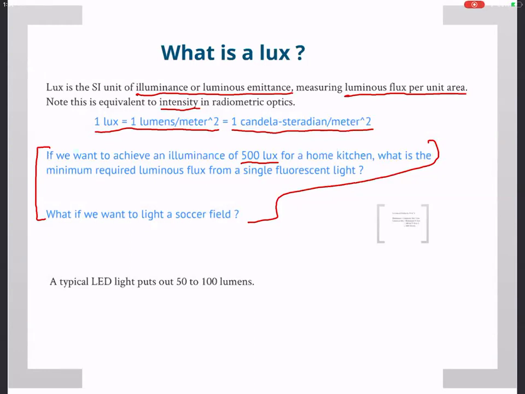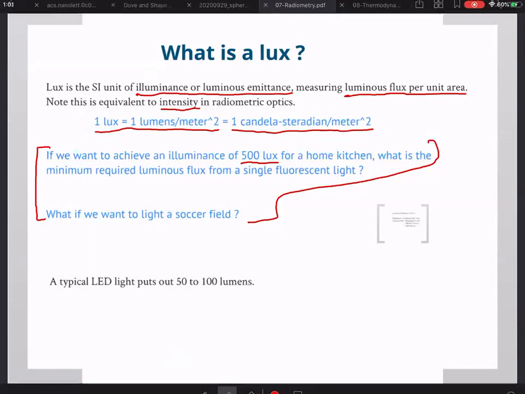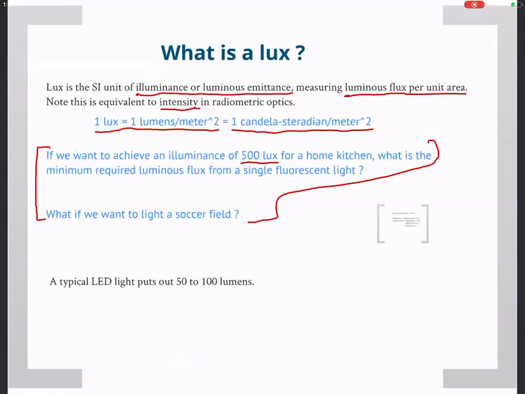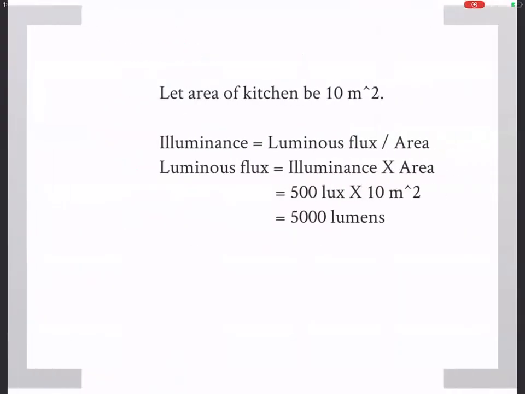And I want you to get a sense for the scale. A typical LED light puts out 50 to 100 lumens. So how much do we need? The area of the kitchen is not given, so you can assume it's, let's say, 10 meters squared. The illuminance is luminous flux divided by area, so the luminous flux is illuminance times the area.